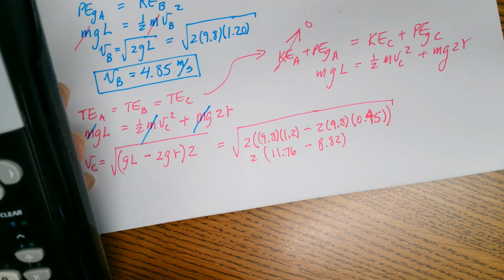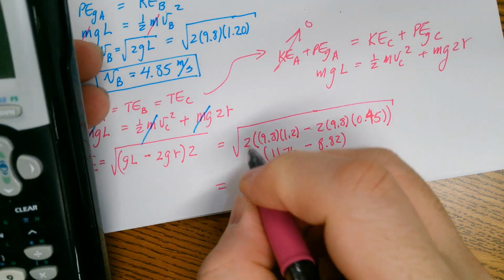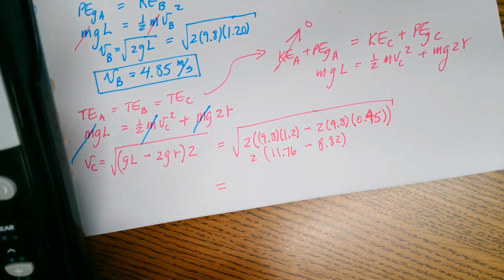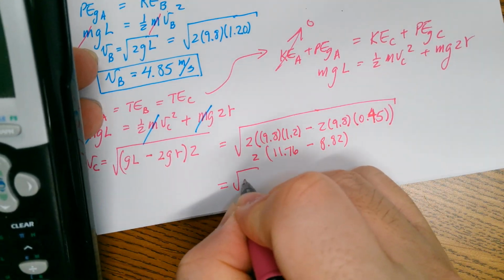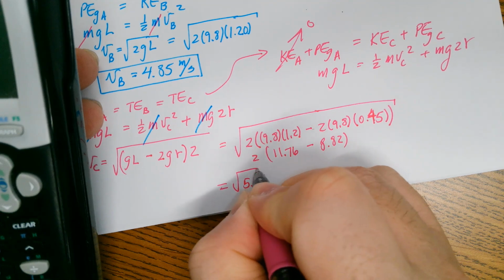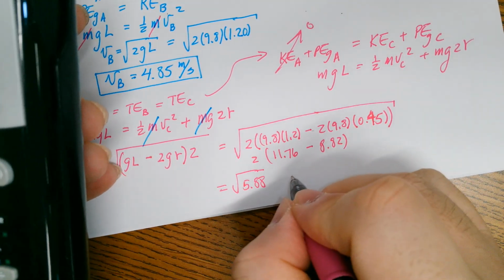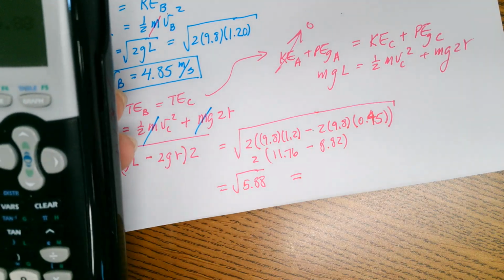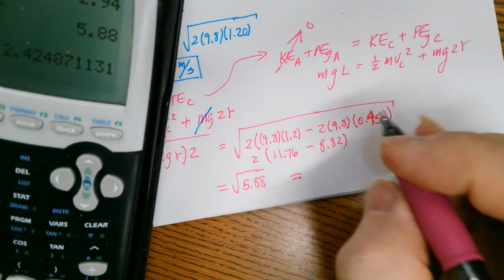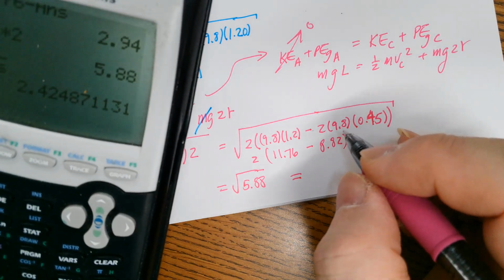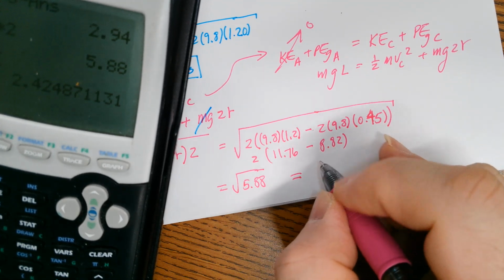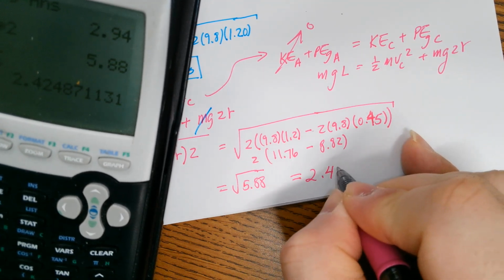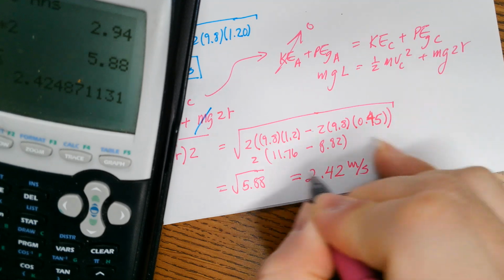Times that by 2. So I get the square root of 5.88, which is equal to 2.42 meters per second. That is what I get.